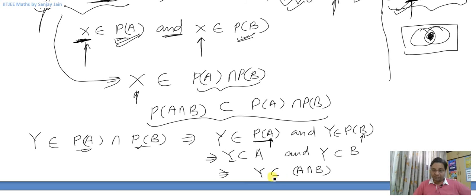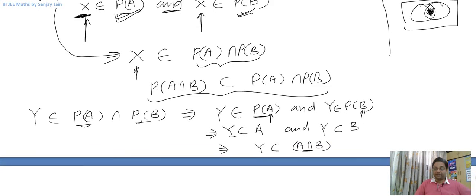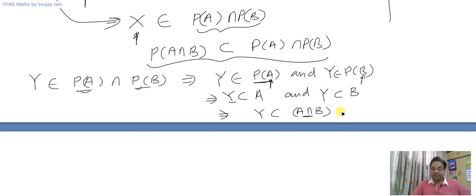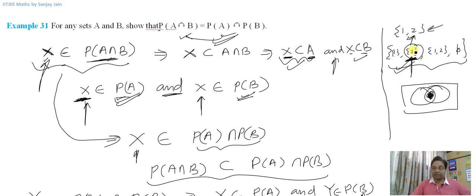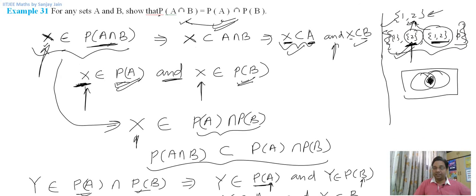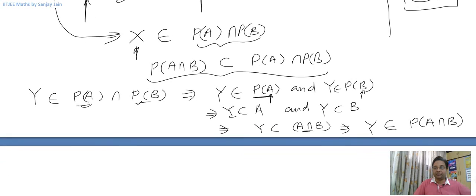And if it is a subset of A intersection B, then it will definitely belong to its power set as an element. What I want to say is, if something is a subset of some set, then it will belong to the power set of that set, which is what I have written here as my interpretation.